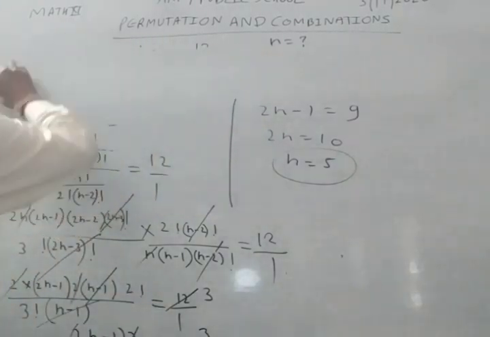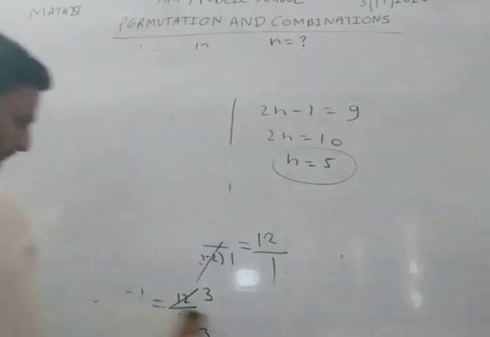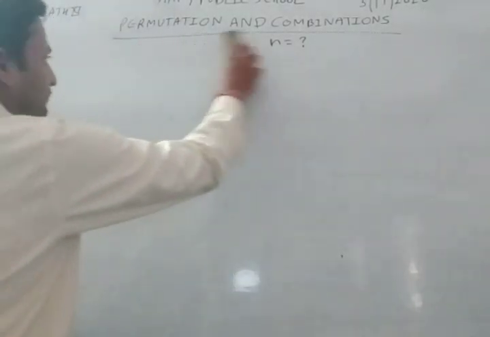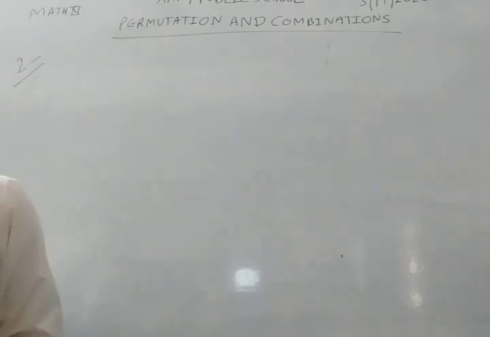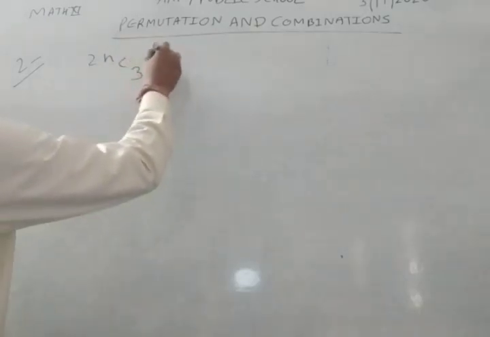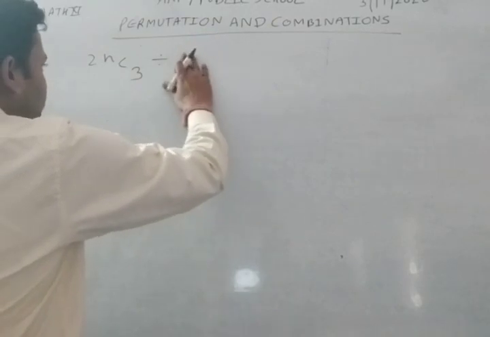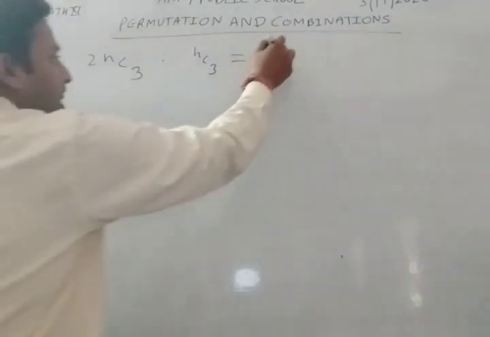The second part of question number 2 is nC3 divided by nC3 is equal to 2nC3 is equal to 11 by 1.